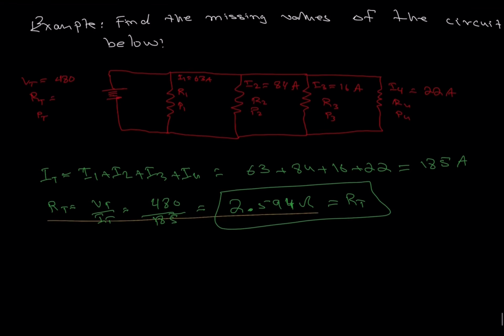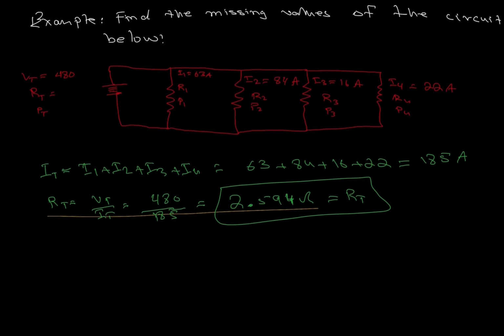Now we'll have to find R1 actually. R1 will be equal to V1 over I1. We know V1, the same thing, 480 here, 480 here, 480 here, 480 here.